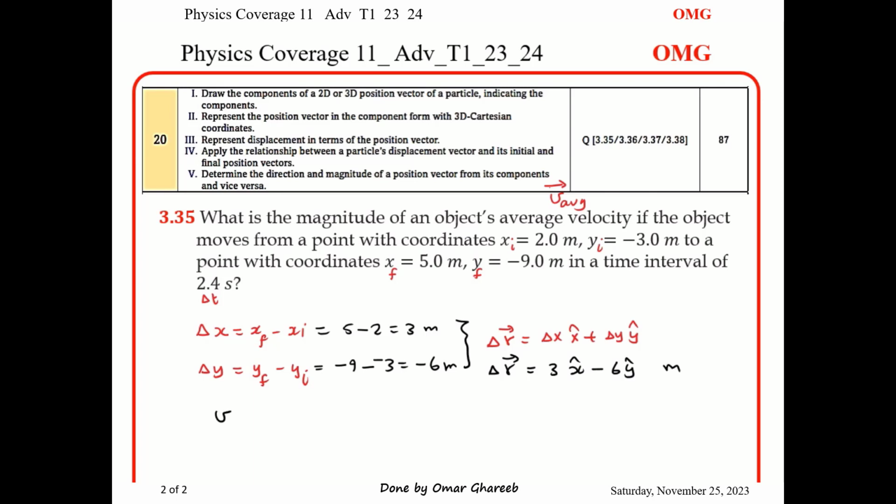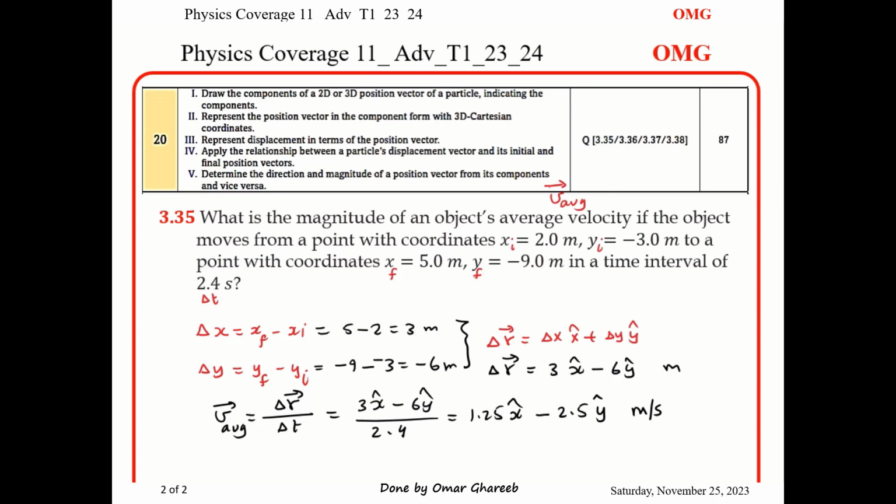Now the average velocity is the rate of change of the displacement, delta r over delta t. So divide 3x hat minus 6y hat over 2.4. 3 divided by 2.4, it is 1.25 x hat, minus 6 divided by 2.4, it is 2.5 y hat. This is the average velocity as a vector.